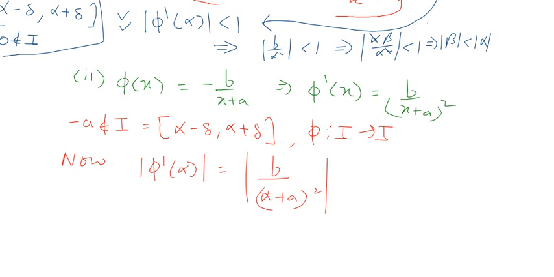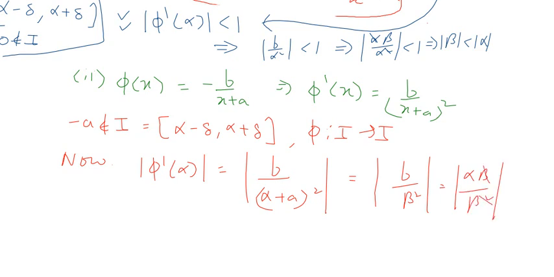So that is equal to mod of b divided by, what is alpha plus a? If you look at the relation, alpha plus beta is minus a. So alpha plus a whole square is beta square. And b is alpha times beta, so b by beta square, beta will get cancelled.